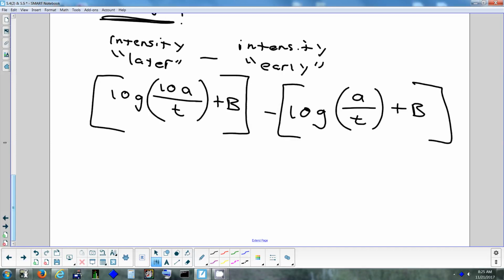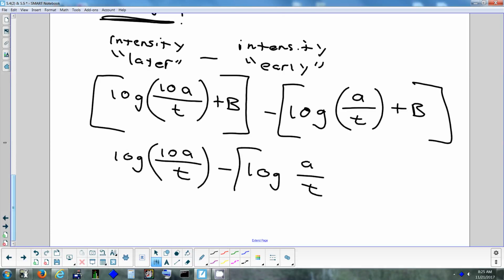I did forget those brackets, but you should put them in because it's a distributive. The B is going to be gone. So you have log of 10A over T minus log A over T. Okay. The B is gone because you distribute it. You'd have negative B plus B, gone.